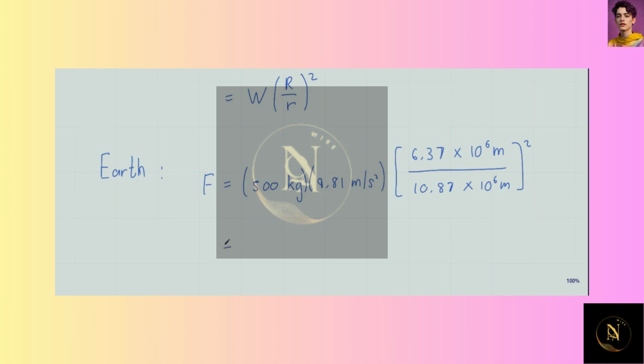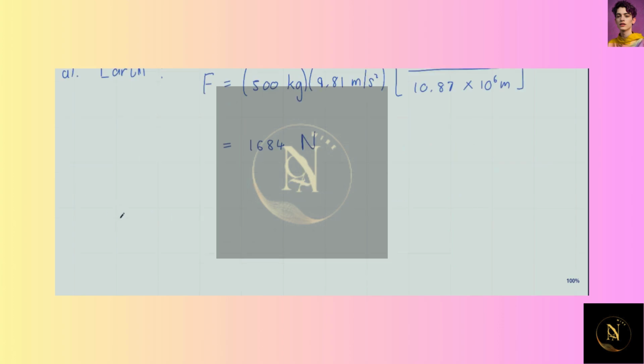So we get the force between the Earth and the satellite to be 1,684 newtons. So that's our answer to part A.